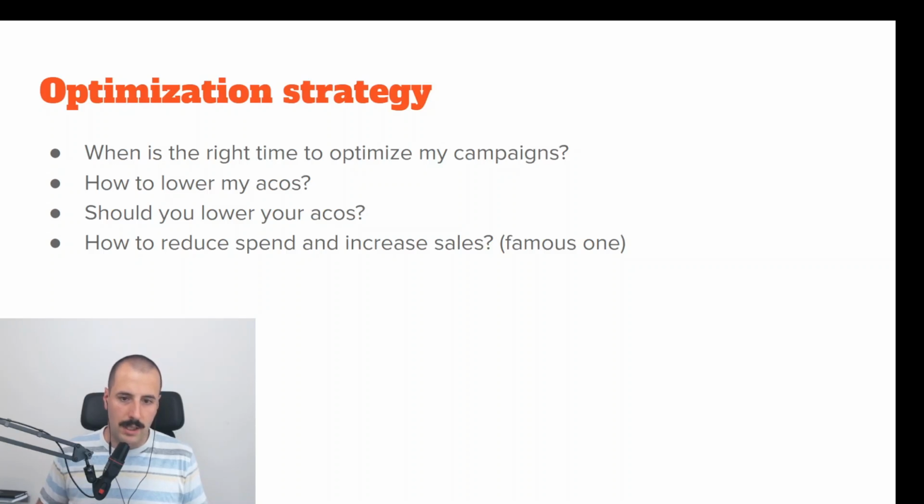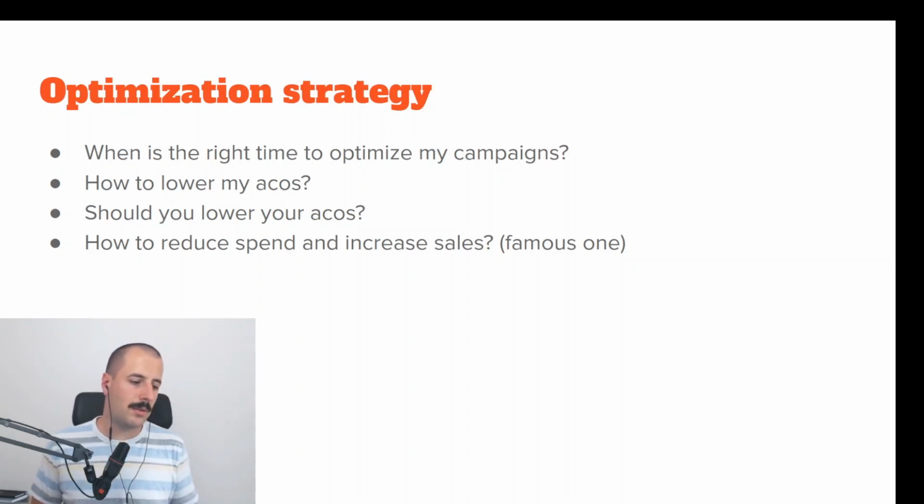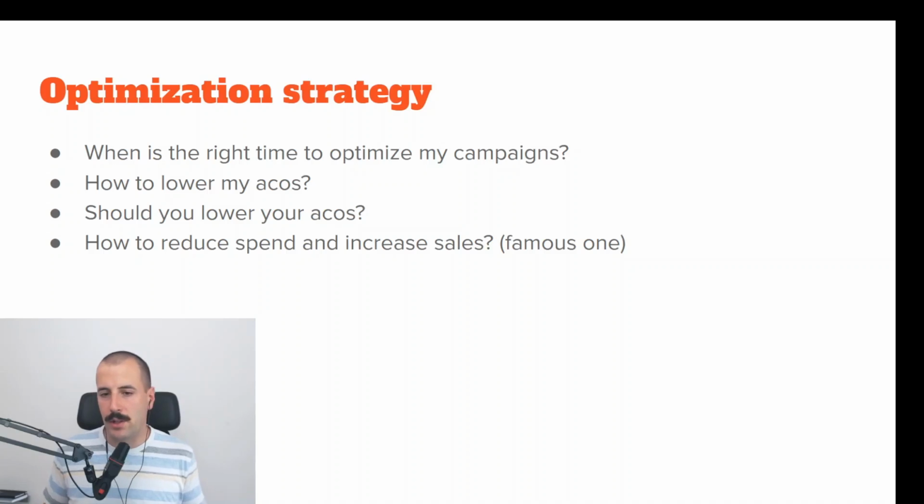In general, how to lower my ACoS is most of the time eliminating the wasted ad spend. There are a number of tools. A lot of agencies and individuals are sharing those calculators. Yeah, I might create one also and share it with you on some other occasion. But there are ways, even without software, to locate the wasted ad spend.